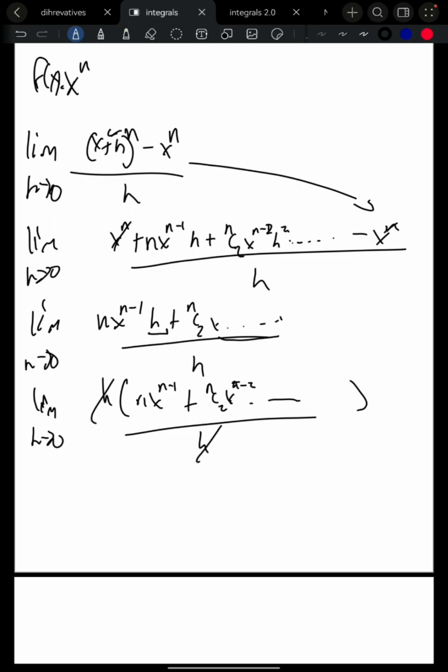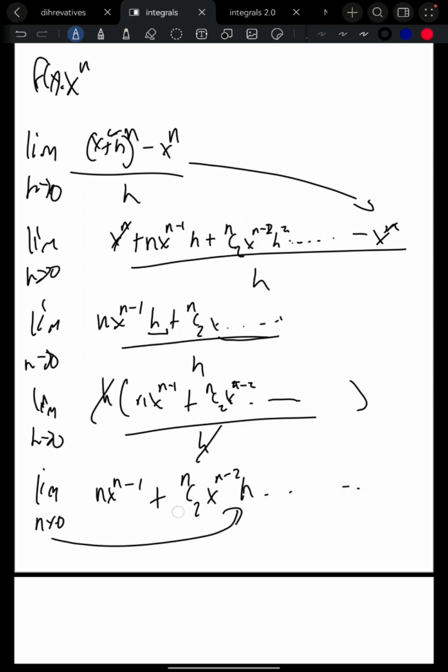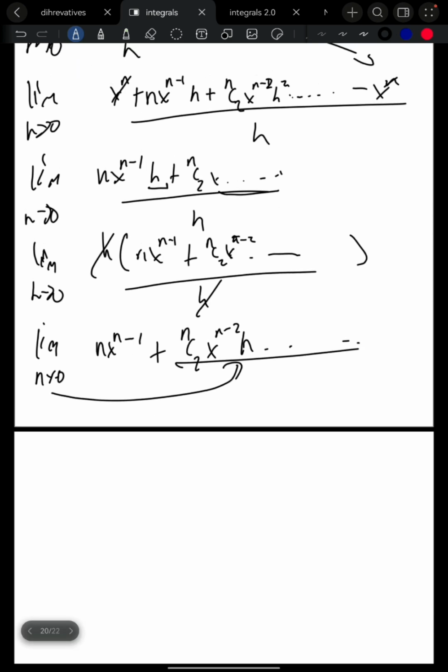You can cut these out. So this is just the limit as h approaches 0 of n x to the n minus 1 plus nC2 x to the n minus 2 times h. But you see all of these have h in them, and you can plug in 0 and they will get 0. So the final answer is just n times x to the n minus 1.